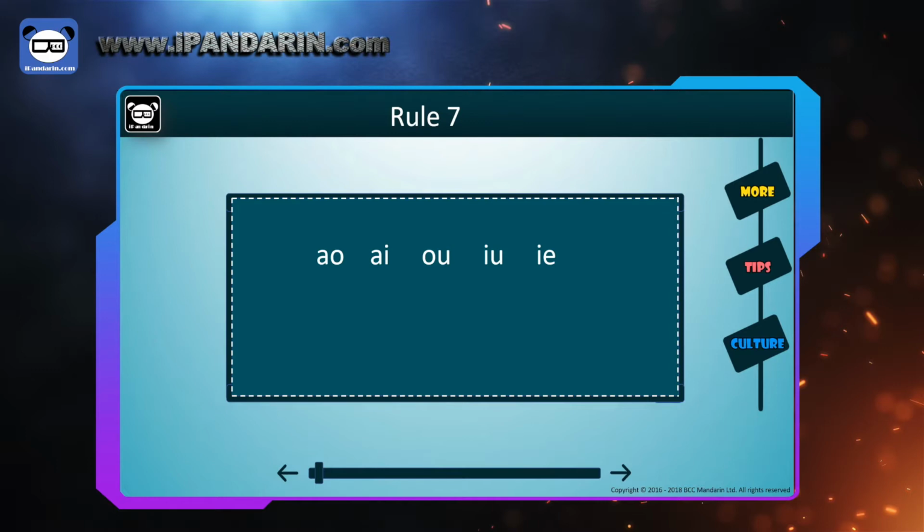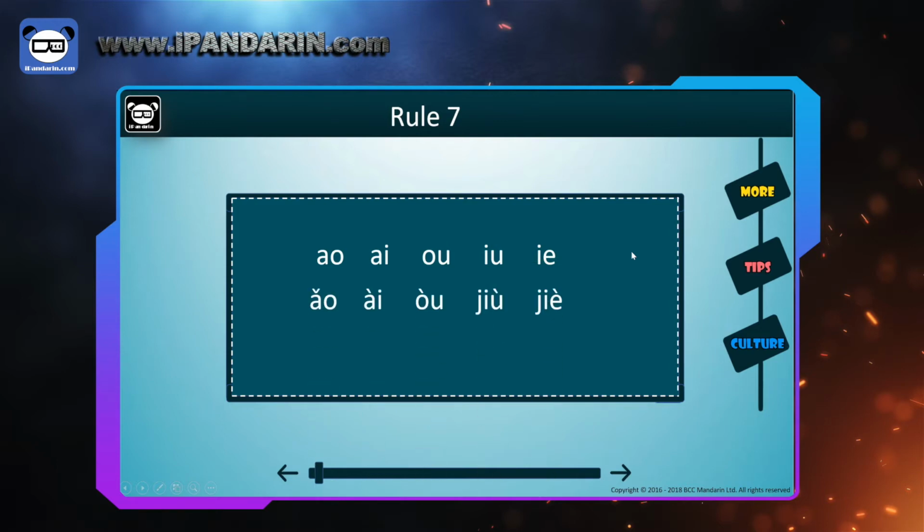But when there's no a in the final, the tones are always marked on o or e. Okay. When there's no a, o or e in the final, when I and U are together, we mark it on U.